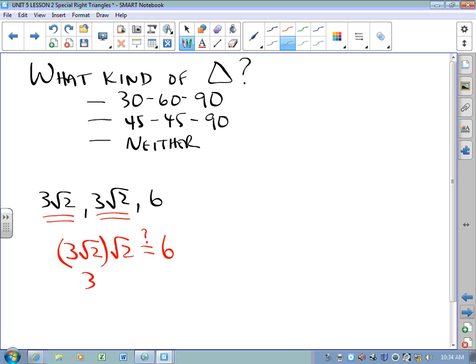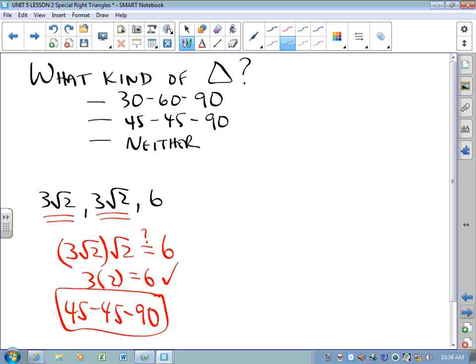And in this case, sure enough, it is. And so I say that this is a 45, 45, 90 triangle. And of course, those are all degree symbols.